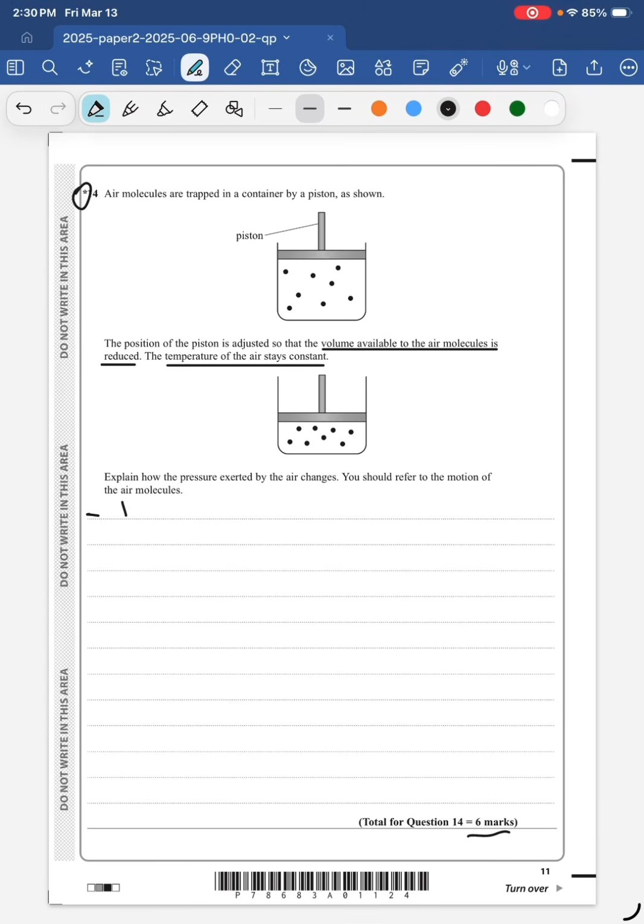So the pressure increases when the volume is reduced.